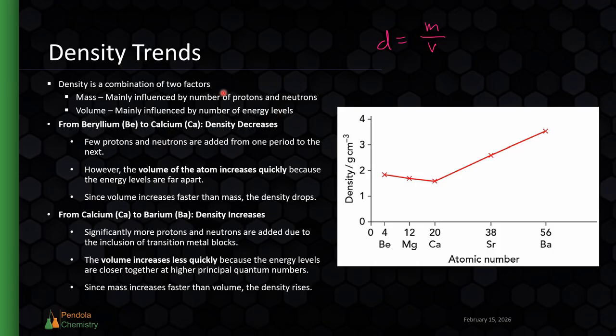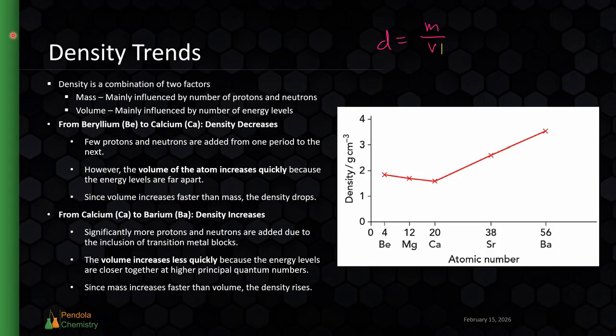So, thinking about this mathematically, if we do anything that increases the mass, that is going to increase the density. So more protons, more neutrons are going to increase the density because they increase the mass. Also, if we do anything to make the volume go up, like going down the group, the density is going to go down because larger volume, larger denominator means smaller density.